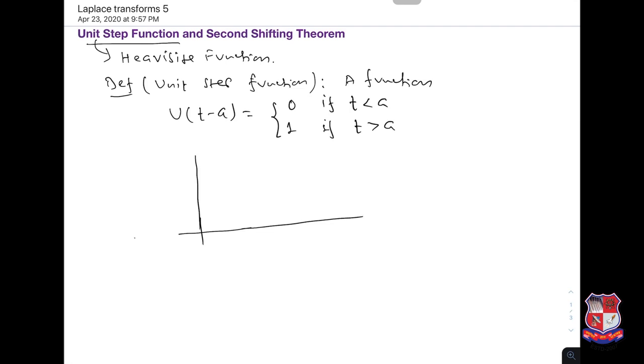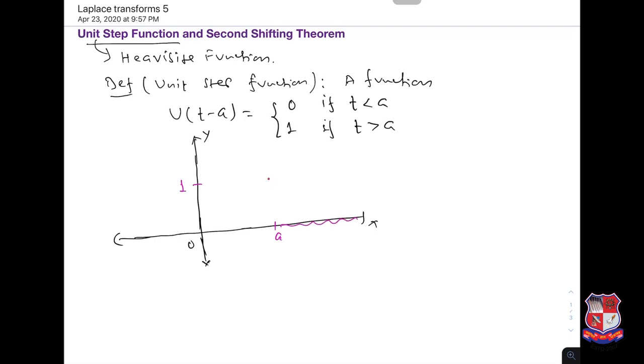See, when t is greater than a, then the value of the function is 1. So when t is greater than a, so let us say a is here. So on this side, the functional value is 1.